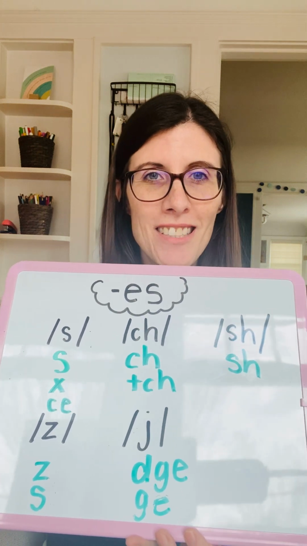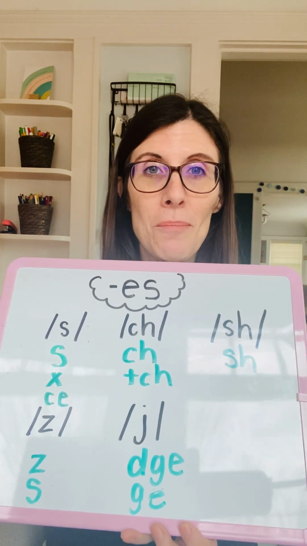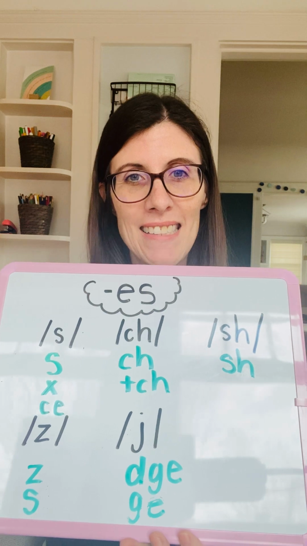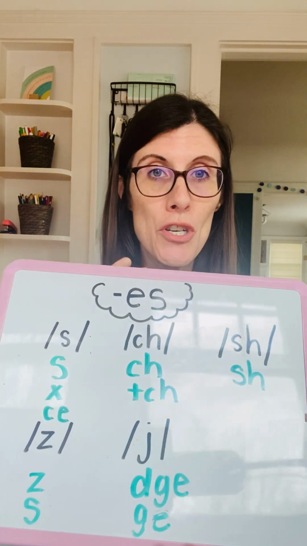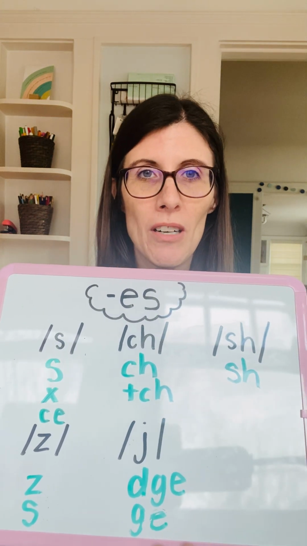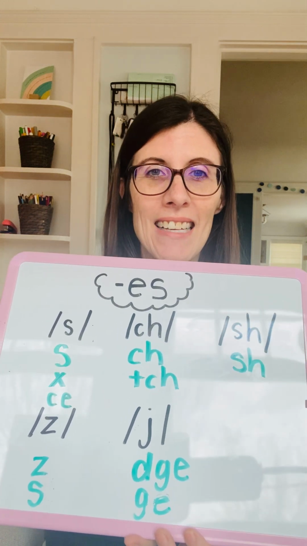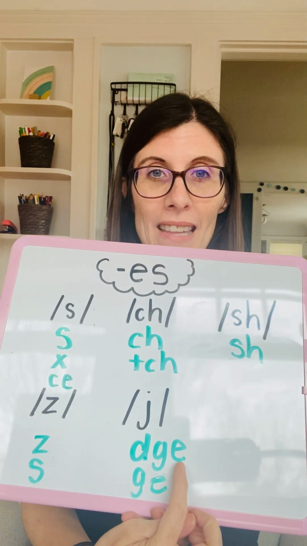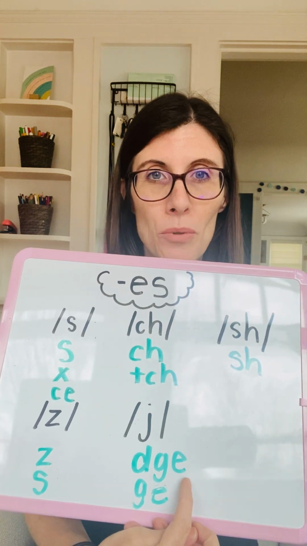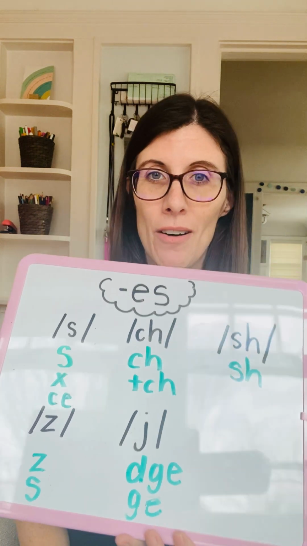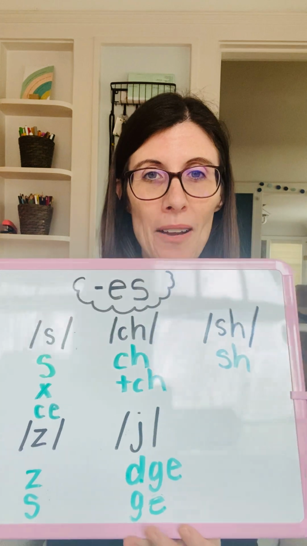So there's dodges, it's really dodge plus suffix es, and we hear that sound j at the end, so we know we're going to be adding es and not just s. And in that case, we need to drop that e if we apply the dropping rule because we're adding a vowel suffix.